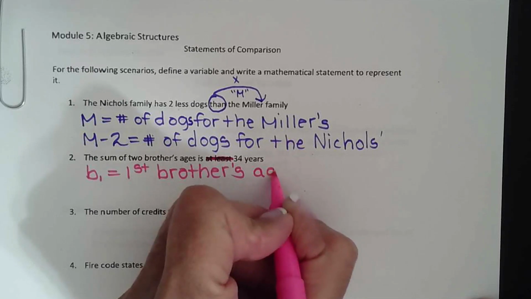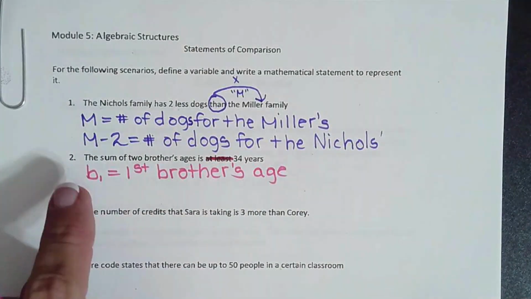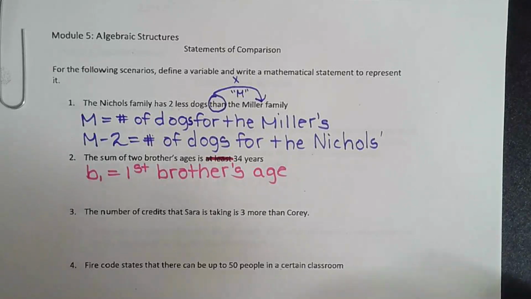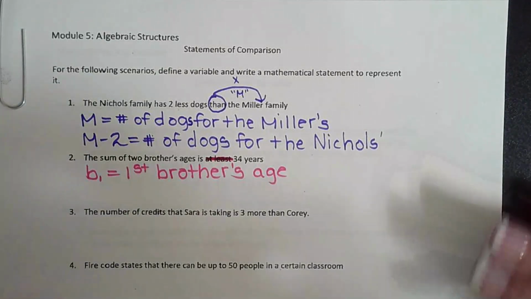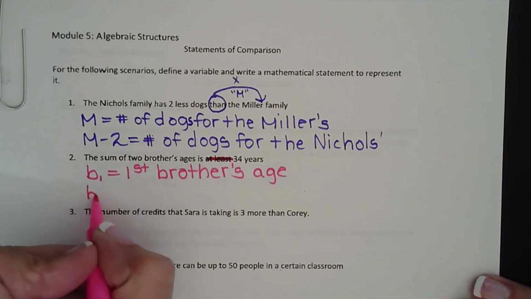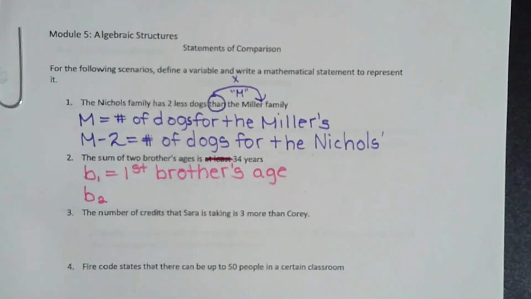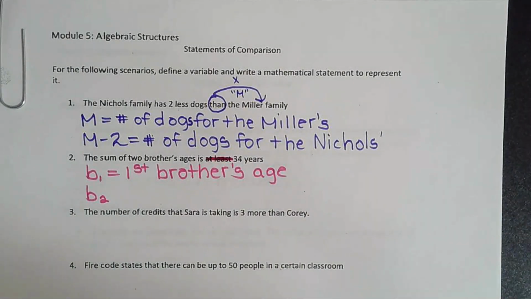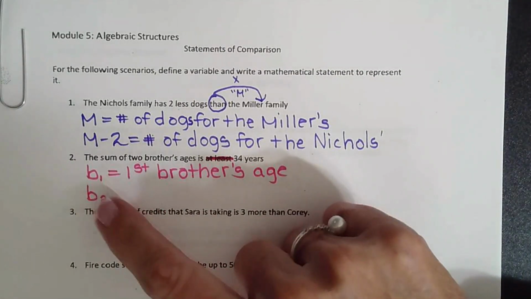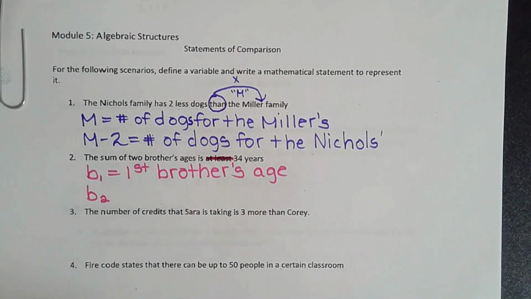And that's read B sub 1. So like if you have 2 brothers and you want to call them both B, you can call one brother sub 1 and one brother sub 2. So that's a common thing when the 2 things you're, I wouldn't say comparing or writing an equation about, you can put subs on them to show they're both the brothers. This is the first brother, this is the second brother.